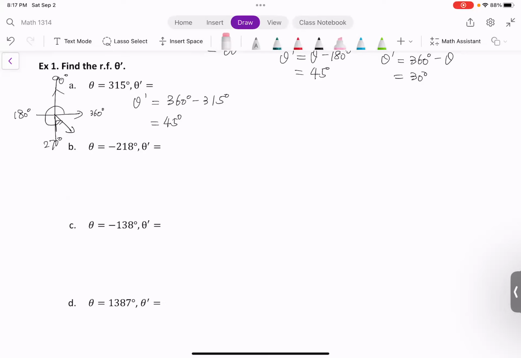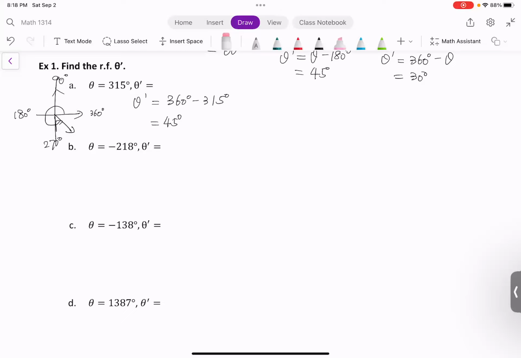So let's find its coterminal angle, and then find the coterminal angle's reference angle. They have the same reference angle. How to find the coterminal angle? We have learned that if we add one rotation or multiple rotations, or subtract one rotation or multiple rotations, we will have the same terminal side.